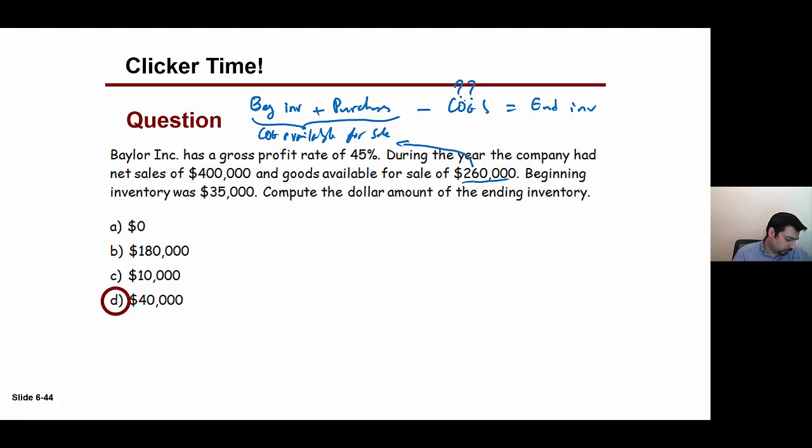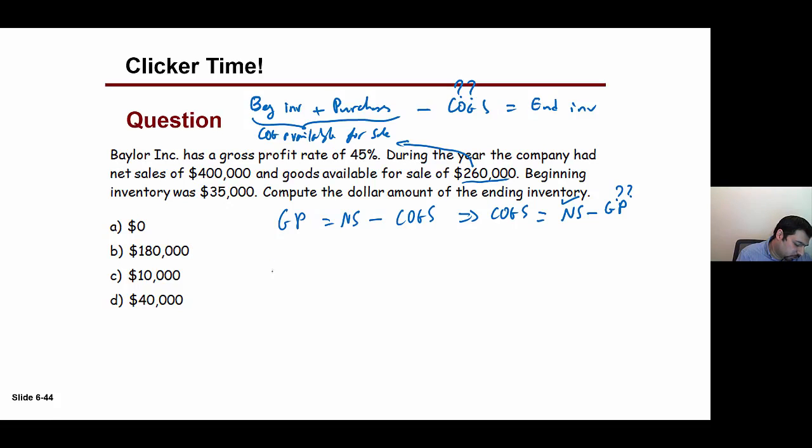How do you calculate the cost of goods sold? We can get it from the gross profit, which is equal to net sales minus cost of goods sold, which means that the cost of goods sold is equal to net sales minus gross profit. We have net sales, we need to calculate the gross profit.